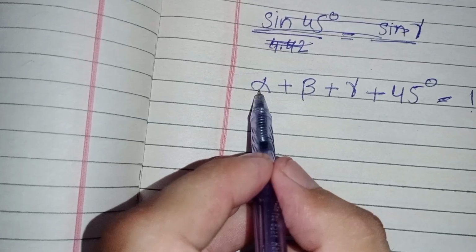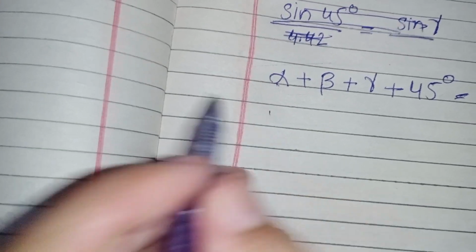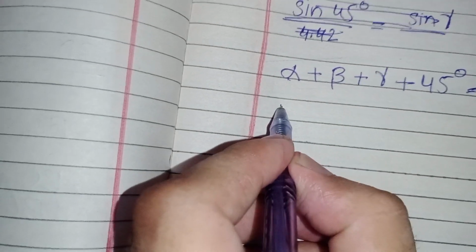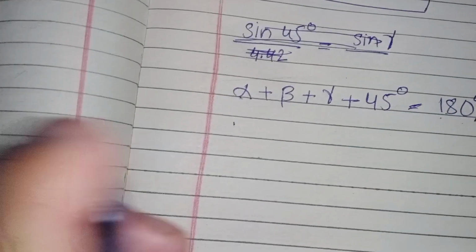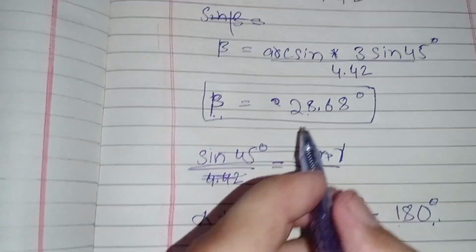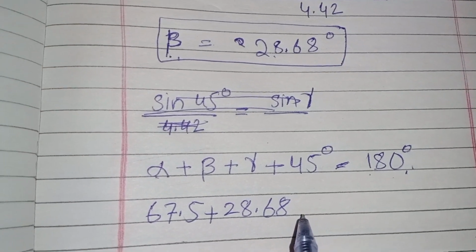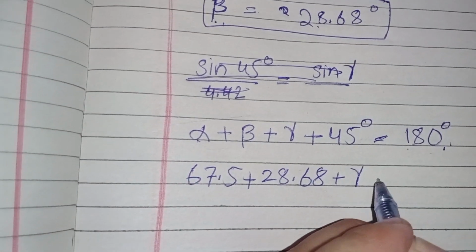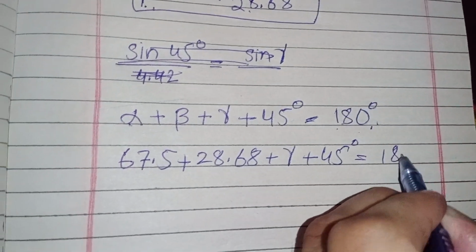You know angle alpha value is 67.5, plus angle beta value is 28.68, plus gamma plus 45 degree equal to 180 degree.